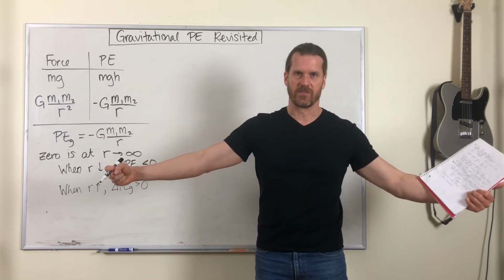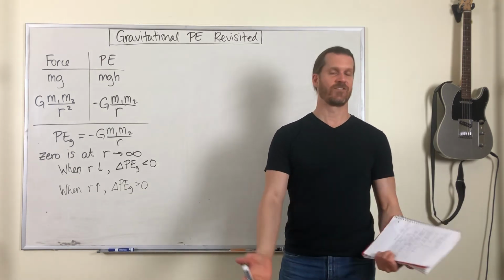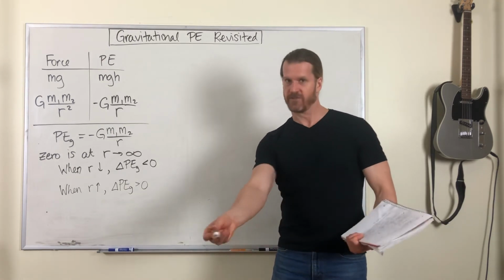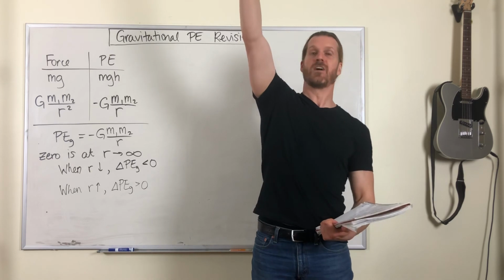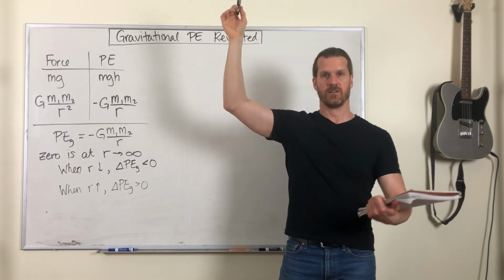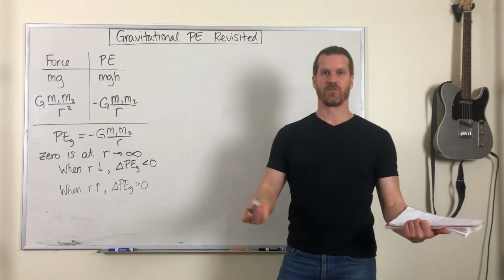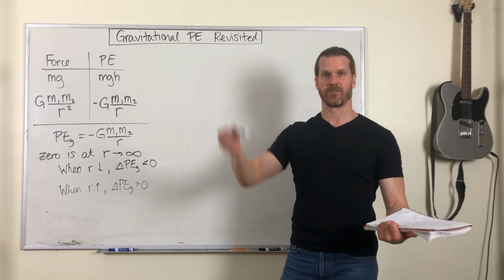When you increase the distance between the two objects, there's more gravitational potential energy. That's the same thing we've always been doing. When you have an object and you raise it up above the Earth's surface, we say it has more potential energy. All we've done is increase the distance between the two objects, the pen and planet Earth.